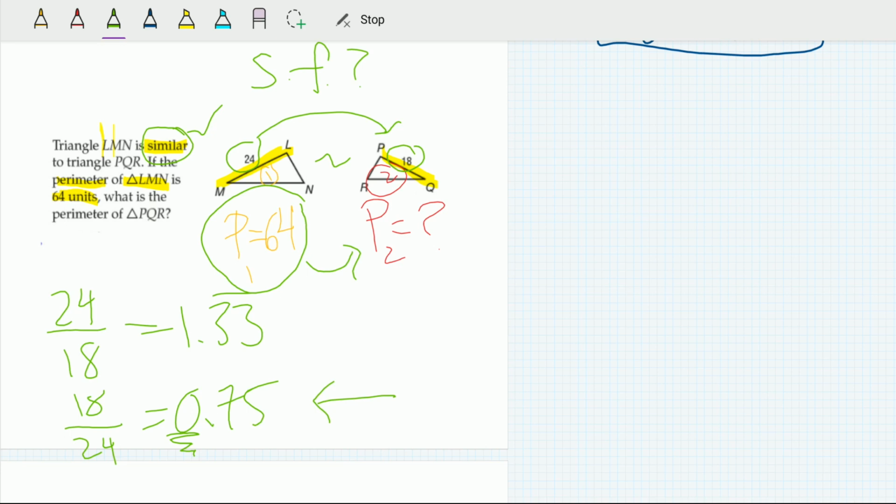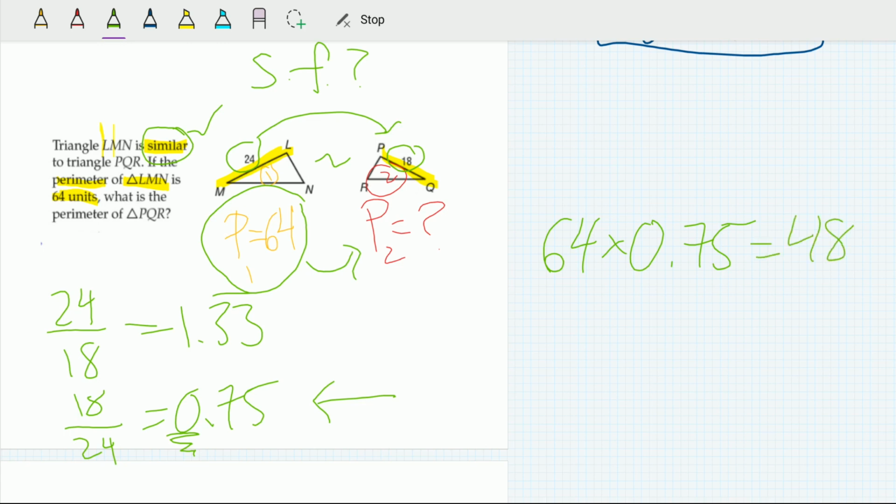You're taking 0.75 of the perimeter that you're using. So I'm going to do 64 times 0.75, because that's the direction I'm going, from big to small. And that ends up giving us 48.